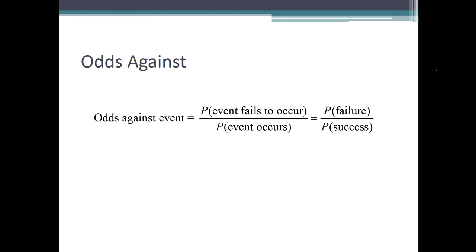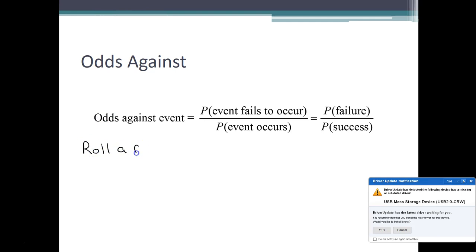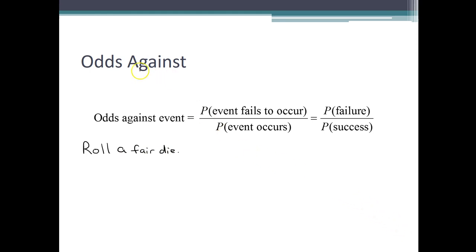So let's say you have a fair die that's tossed. Silly me, this isn't plugged in like I thought it was. All right. So let's say you're rolling a die, just a standard cubic 1 through 6 kind of die. And you want to find the odds against rolling an odd number.